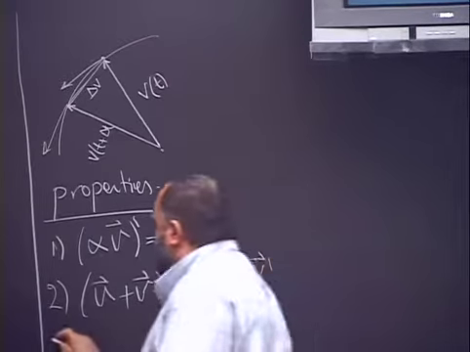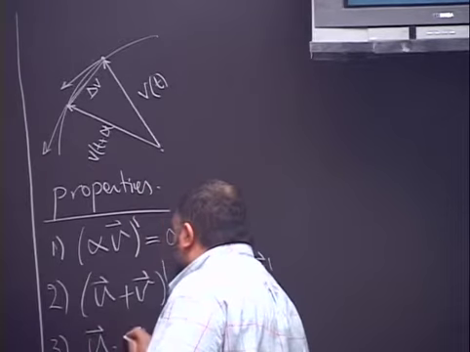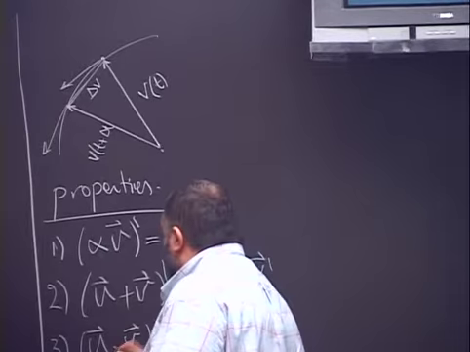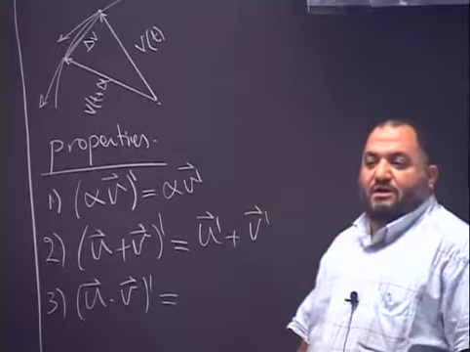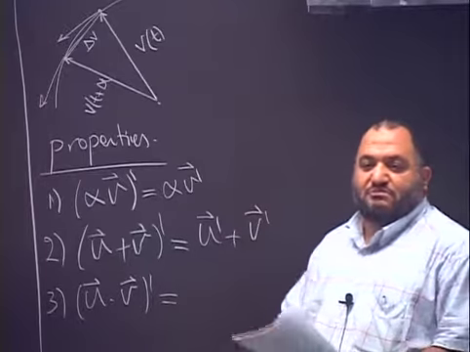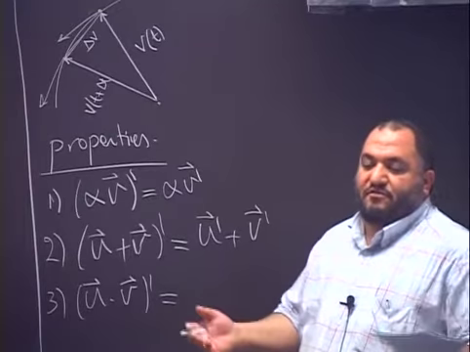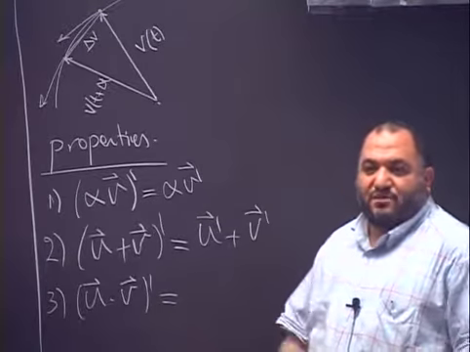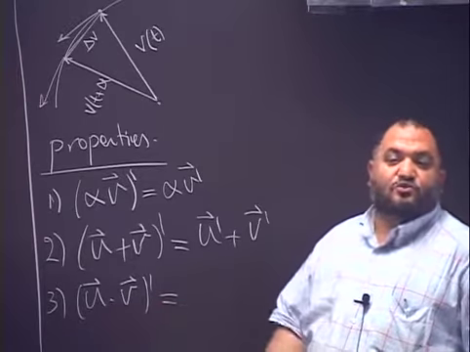The third property would be if you have a dot product for two functions. We knew from scalar functions, let's say f of x multiplied by g of x, when we try to differentiate two functions multiplied by each other, we use what rule?